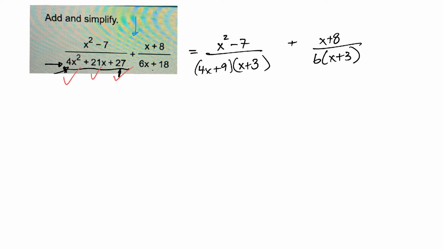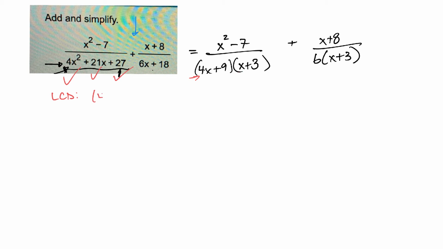And now to get a lowest common denominator, I have to make sure that every factor appears in the common denominator the most number of times that it occurs in any one factorization. So basically, I have to make sure I account for everything that's in there. What I usually do to get my lowest common denominator is I just write one of them down.